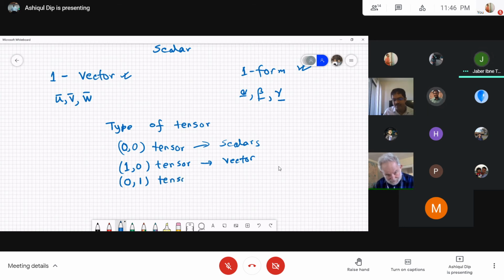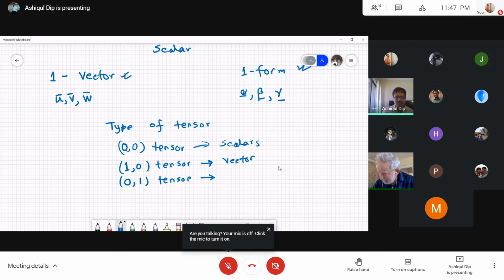Is the rank of a tensor the total sum of the vectors and one forms it can take? Yes. So these two are both first rank tensors.